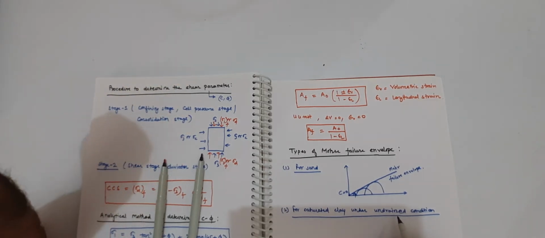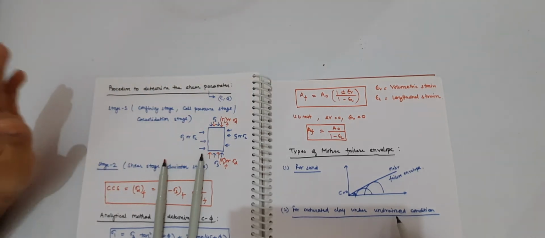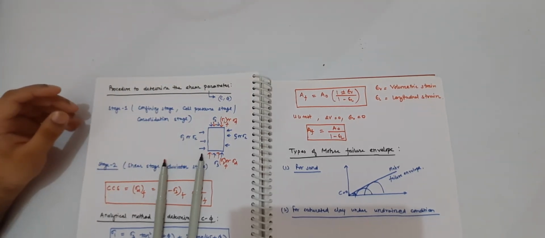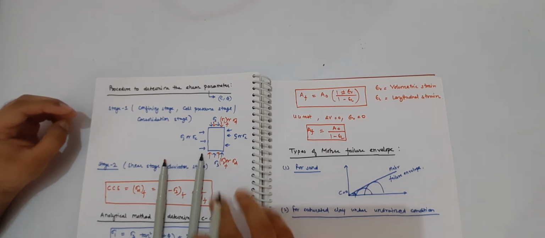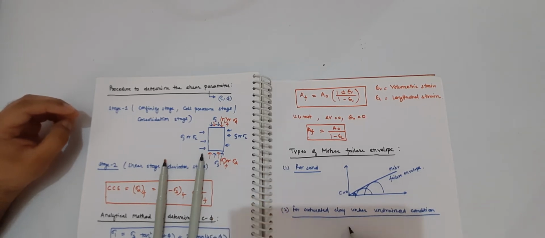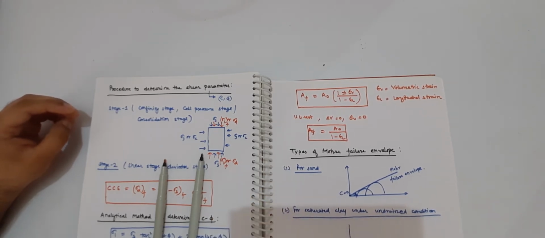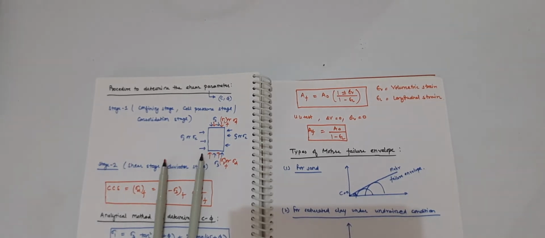In the undrained test, the valves are closed and there is no expulsion of pore water. For saturated clay having cohesion, we will get the Mohr circle like this.